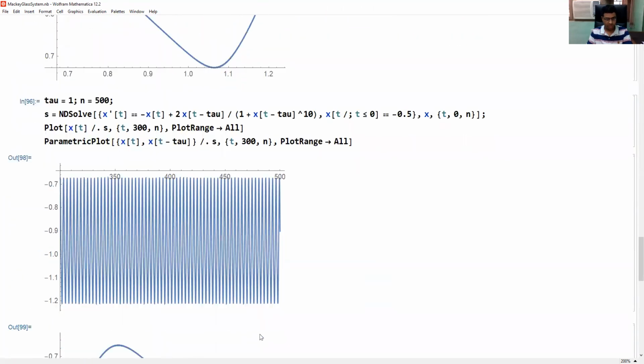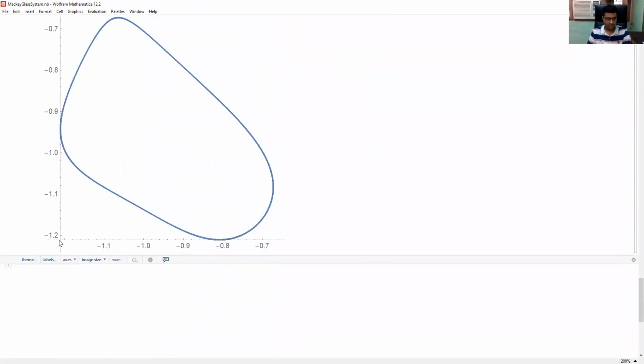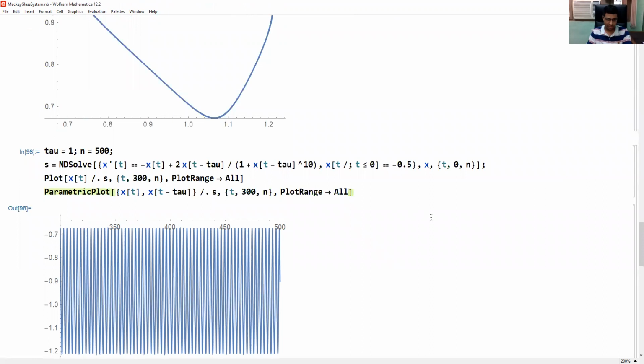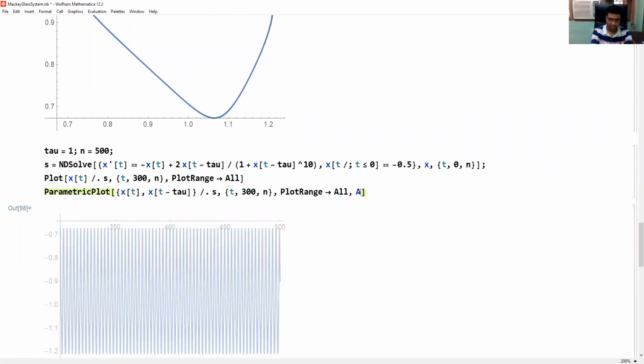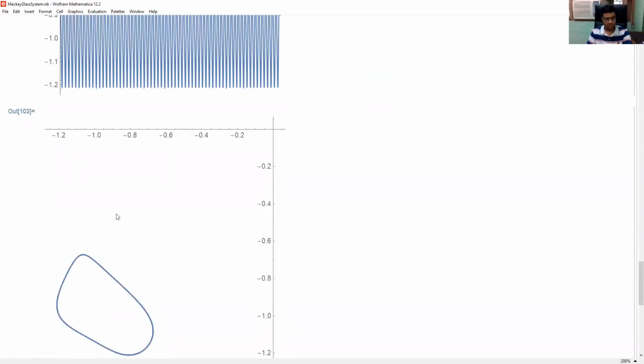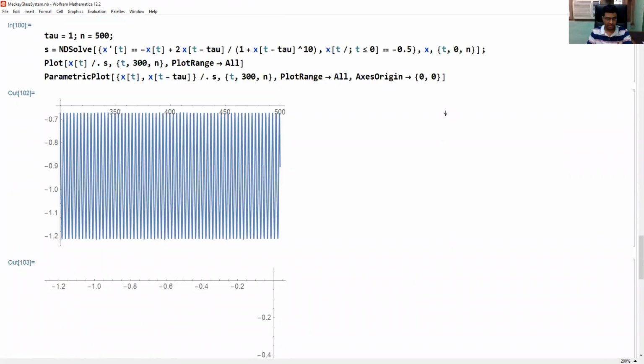Okay, so here the axis origin is not 0, 0. We may select axis origin 0, 0. Okay, now you can see it is like this.